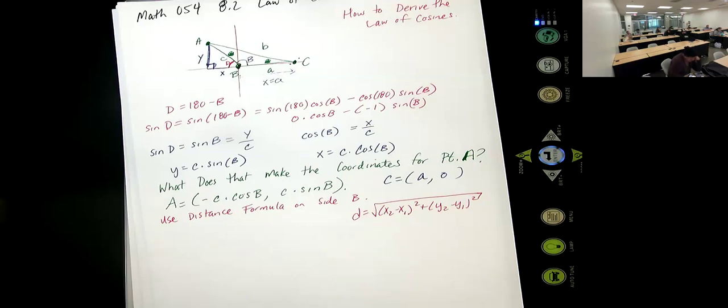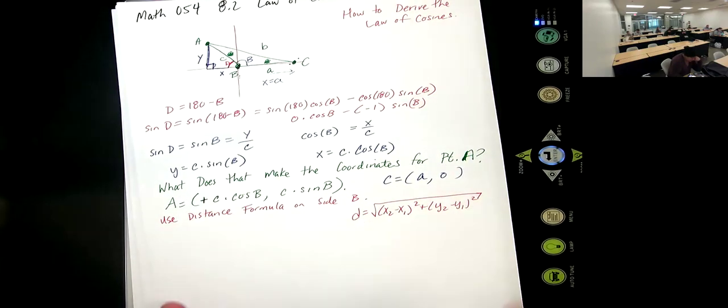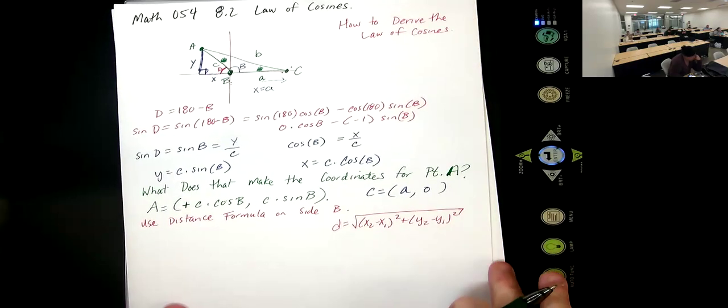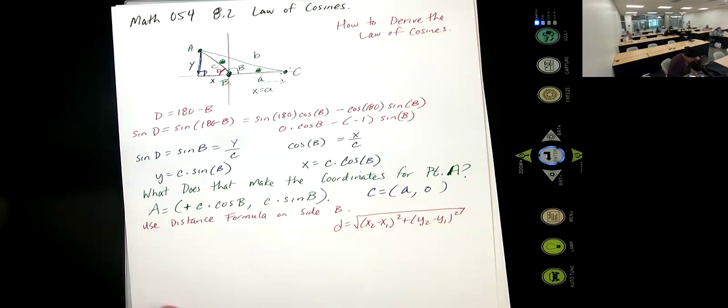You know what, I'm gonna make this positive here because I think the negative is gonna fall out all on its own. The cosine is gonna be negative, and so the negative is gonna fall out from cosine. So I'm gonna leave that as a positive.